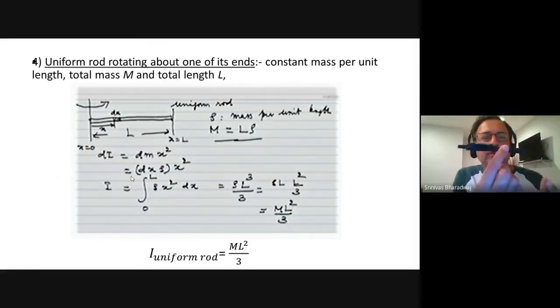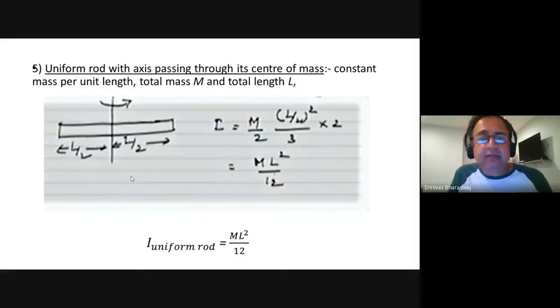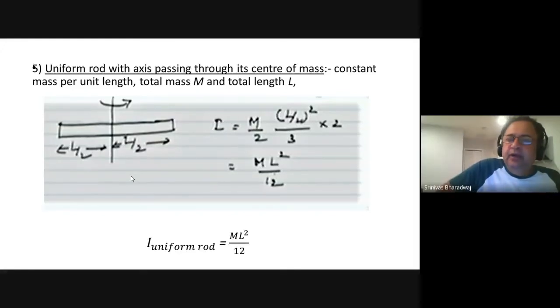Now, if you wanted to make it spin about the midpoint axis, it is in fact much less. It is ml square by 12, because you're integrating from 0 to L by 2 on this side, and on the other side it is twice that. So integral 0 to L by 2 gives L cubed by 3, and that will become L square by 4.